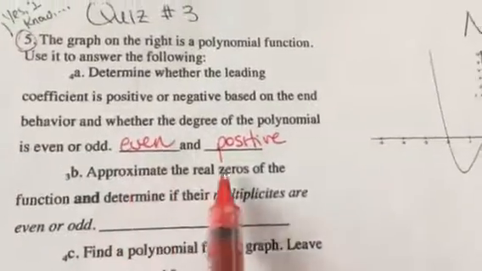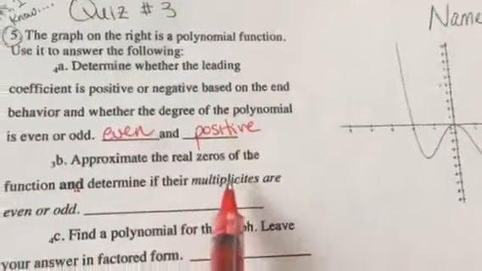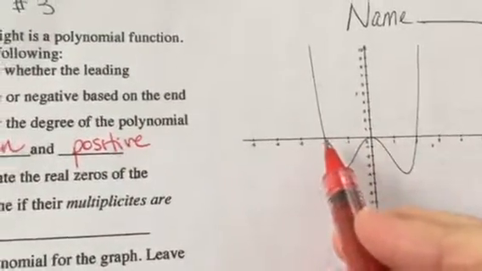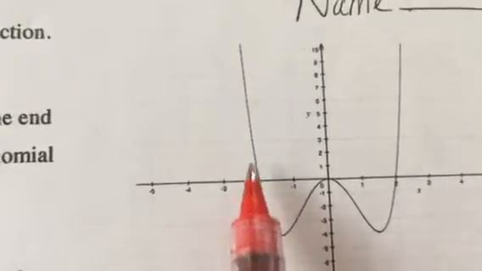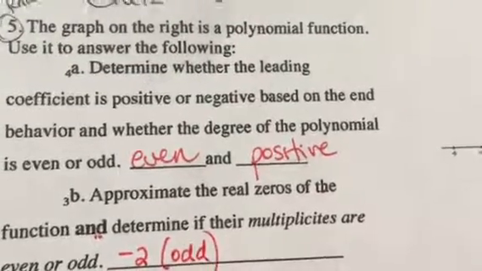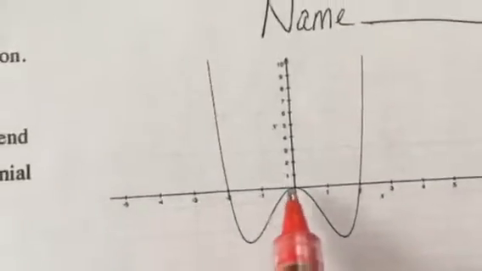Okay, it says approximate the real zeros of the function and determine if their multiplicities are even or odd. So let's look at this first one. My first 0, let me zoom in right here, looks like it's a -2. And you see how it crosses? That means that my 0 at -2, it has to be odd because it crosses. Okay? My next 0 is at 0.